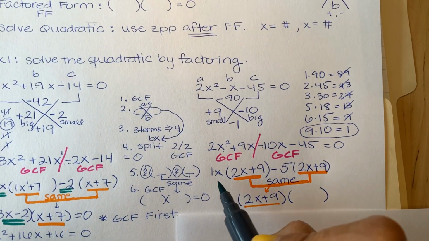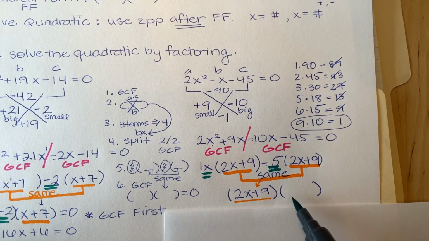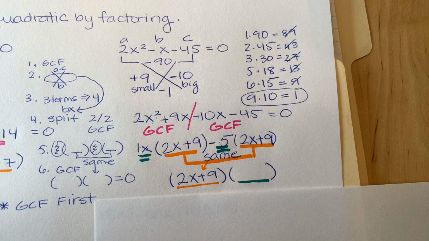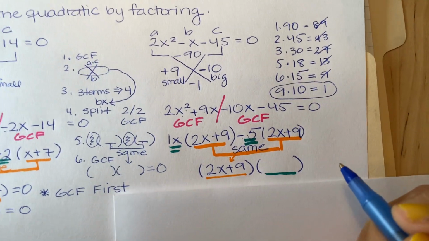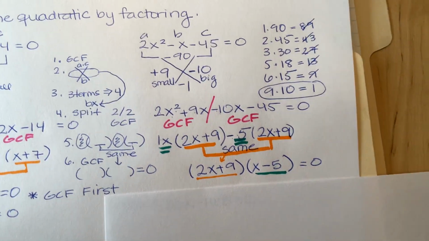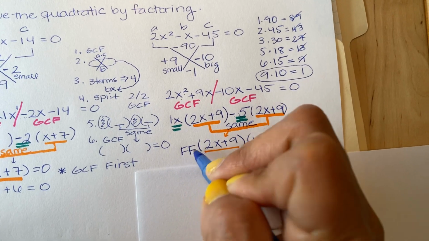And then these two GCF are going to make up your other binomial factor. So 1x, you can write 1x or you can just write x minus 5. Okay, now this answer is your factored form answer.